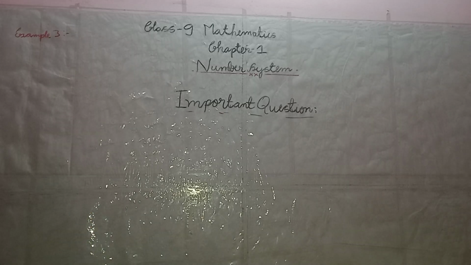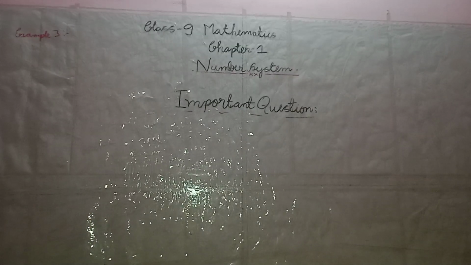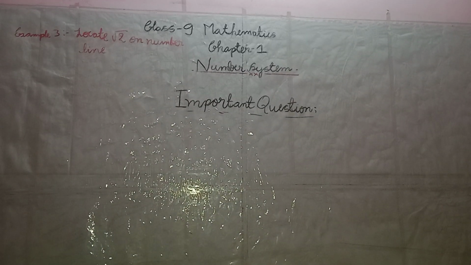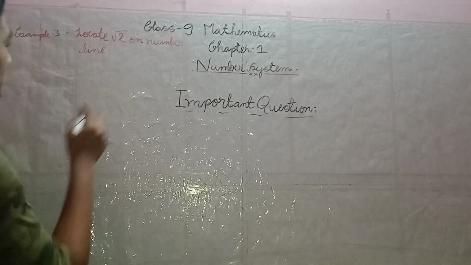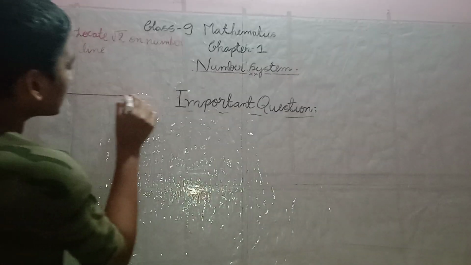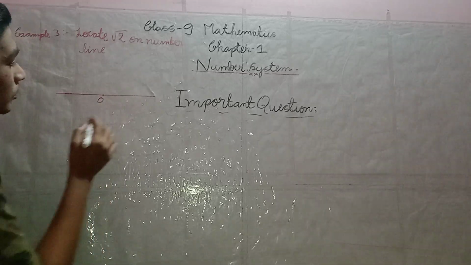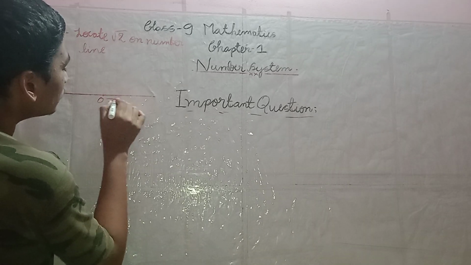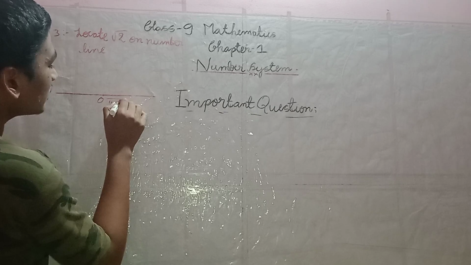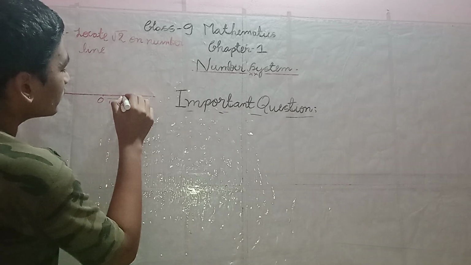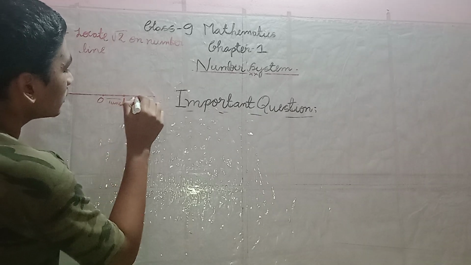What is example 3? Locate root 2 on the number line. To locate root 2 on the number line, let me draw it roughly. First draw a number line and mark a point as O or 0. Next, taking 1 unit from here, that may be 2 centimeters or anything, mark 1.